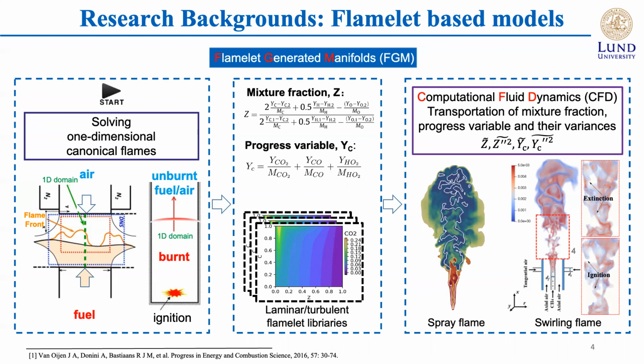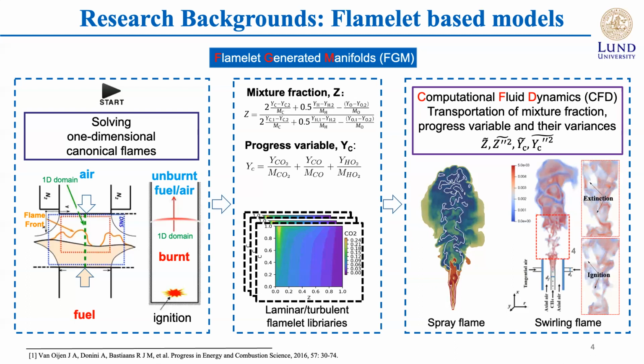In the second step, the flame temperature, species mass fraction, and other properties from the one-dimensional flame are tabulated using a mixture fraction and a progress variable. We call it a laminar or turbulent Flamelet library.